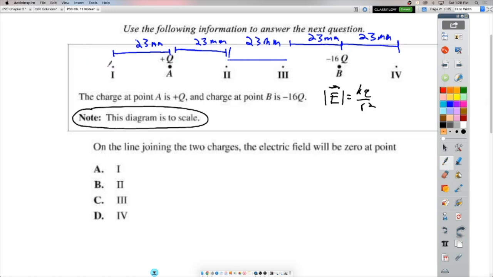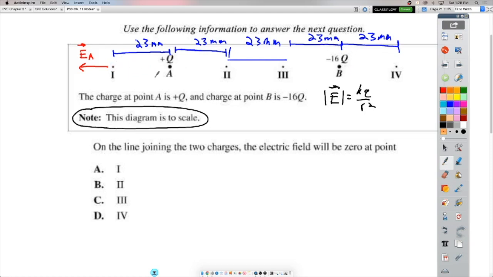Like repel. So that is the direction. I'm not going to pay too much attention to magnitude right now. That's the direction of the electric field caused at point 1 by A, okay? Away.